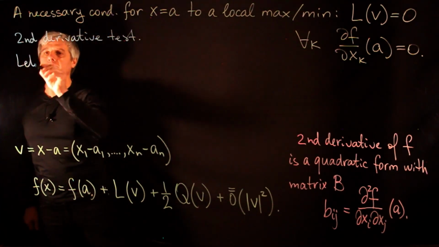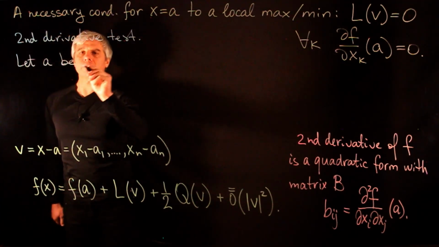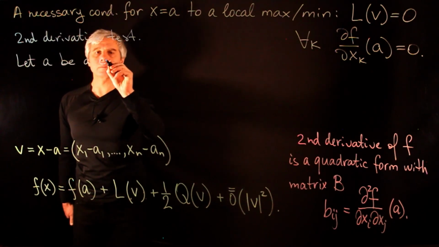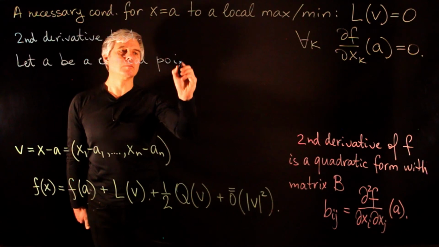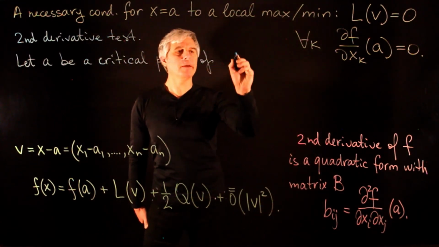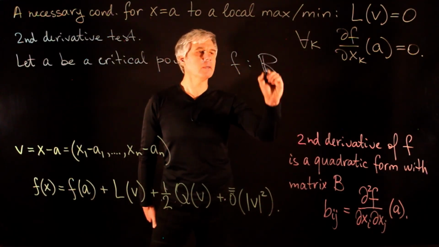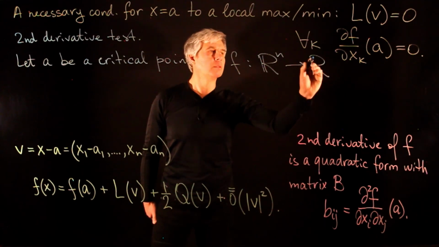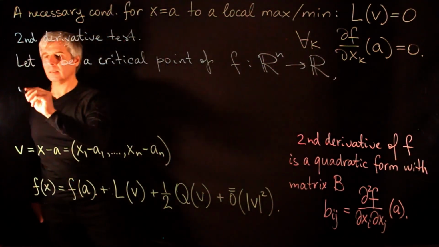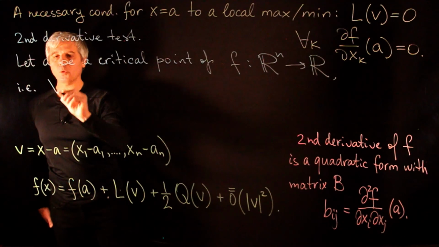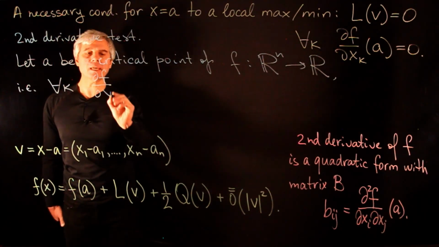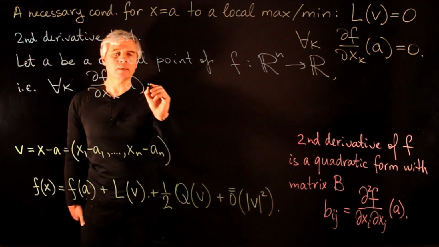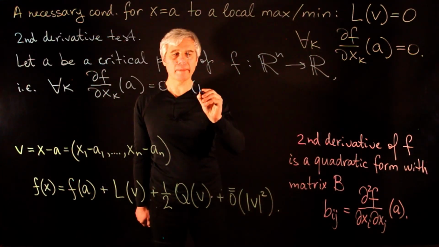Let a be a critical point of a function f from Rn to R. So this means that for all k, first partial derivatives df dxk at point a are equal to 0. 1.